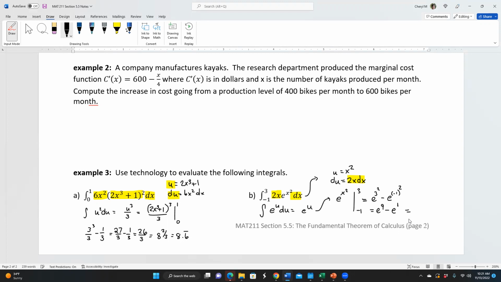And I don't know what that is, but let's do it on the calculator. e to the 9th minus e, we get about 8100.366.